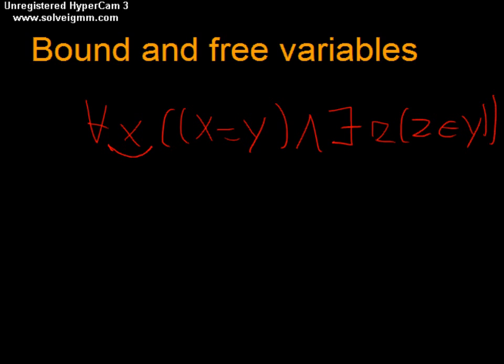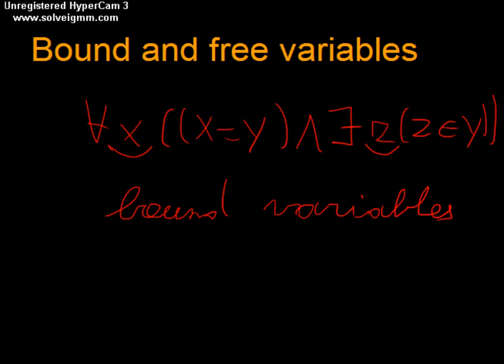So the variable X is used after quantifier 1, and the variable Z is used after quantifier 2. These will be called bound variables. The variable Y is not used in a quantifier at all. These are called free variables.